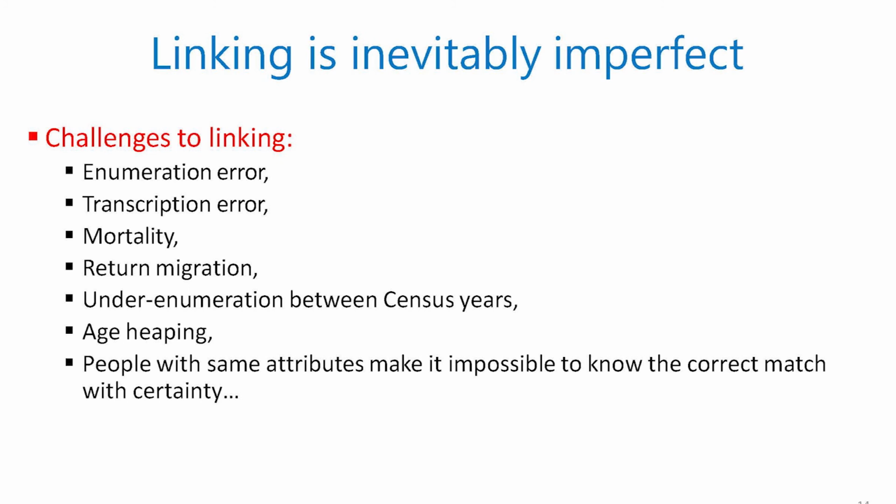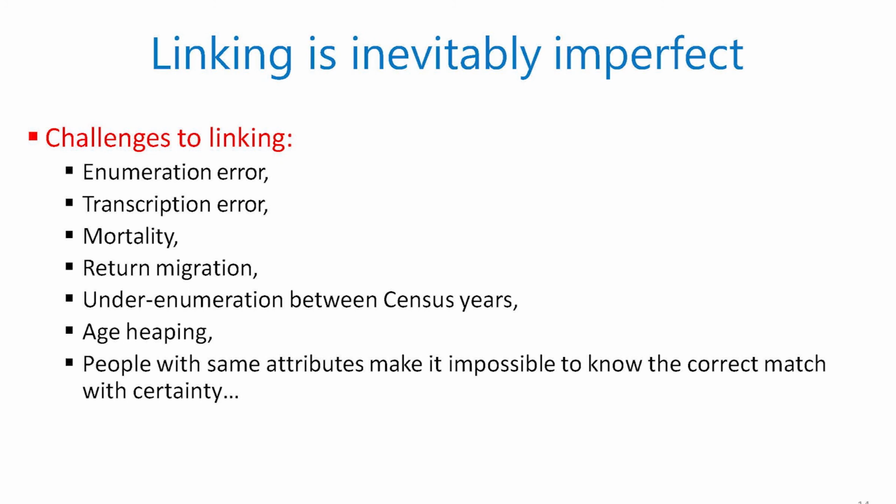So people round their ages to the nearest 5 or 0, and so that makes it very difficult to know what age they actually are. And people with the same attributes make it really difficult to follow individuals over time. And so because linking is inevitably imperfect, we're not going to be able to match every single person and every single family line over time, right?